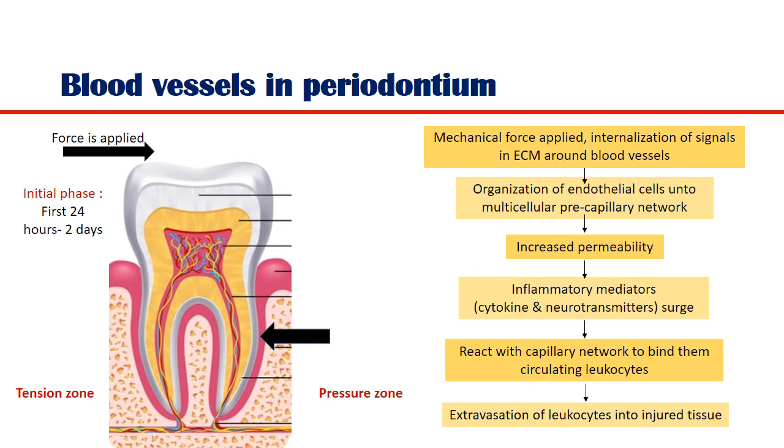First structure which is going to get affected here are the blood vessels. The blood vessels then, because they line with each other and they will form a precapillary network kind of a structure, then they will form the inflammatory effects like the vasodilation, and they will release the leukocytes in the localized area. That is the time the mediators are going to get released.